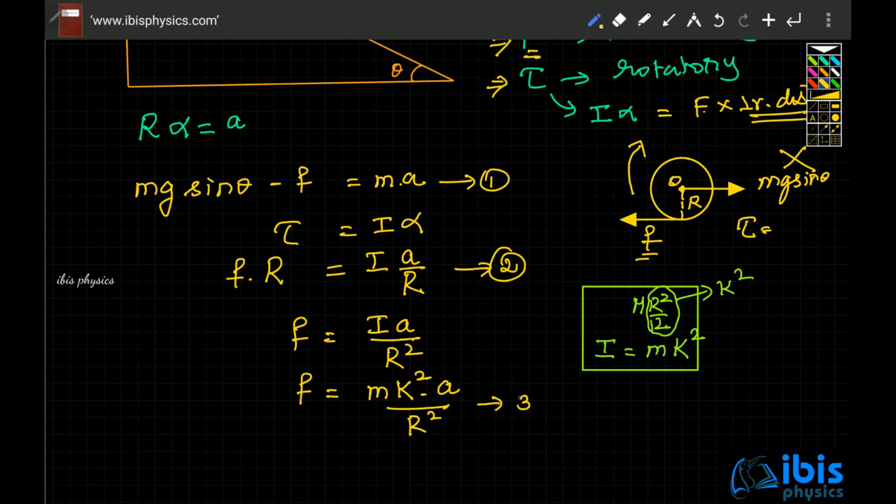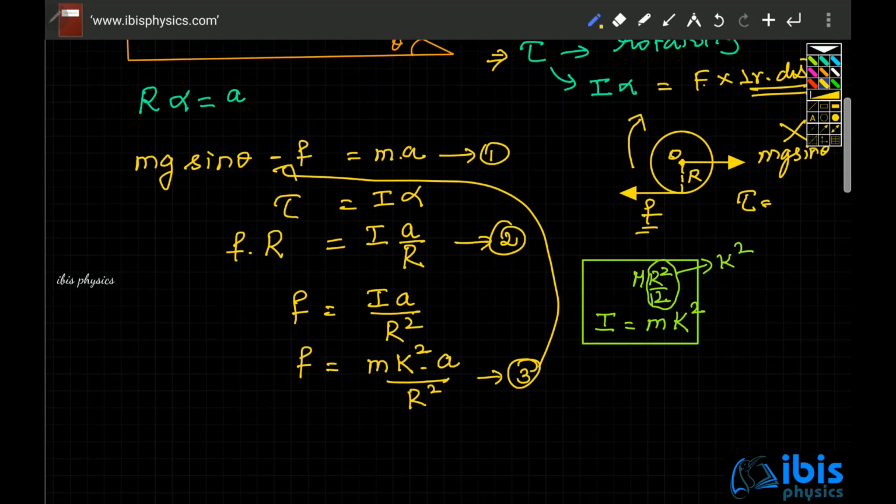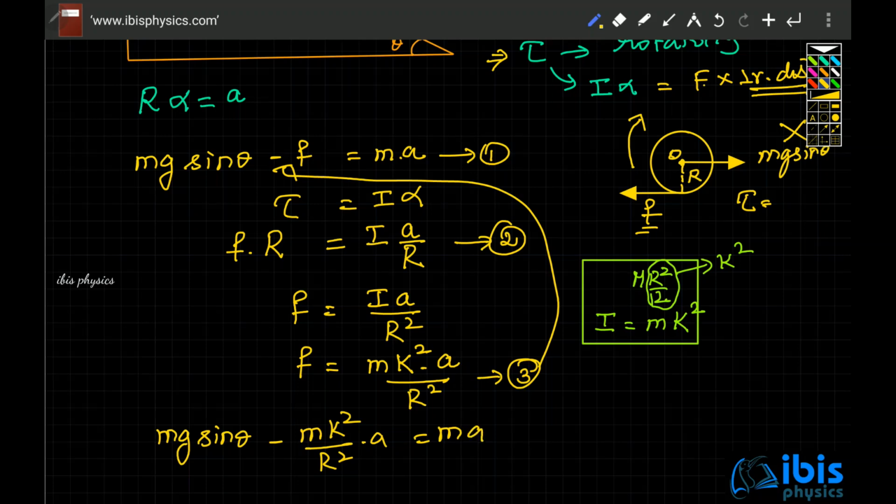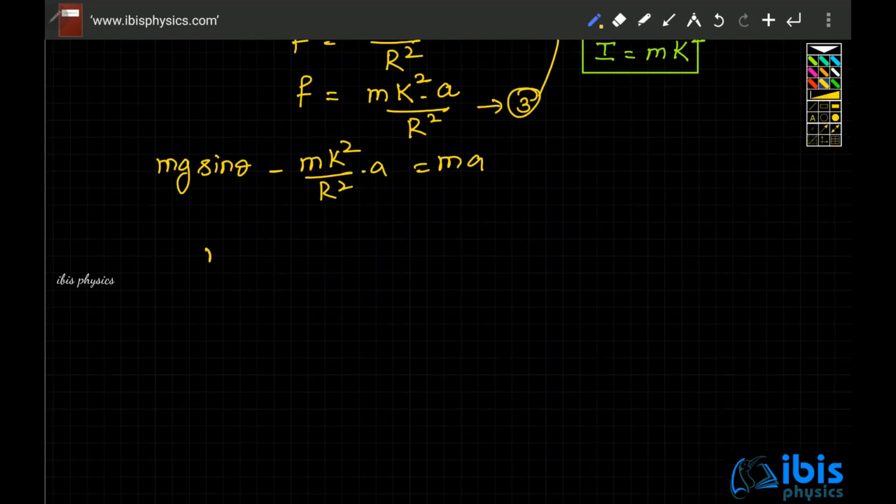Let's call this equation 3 and substitute equation 3 in the first equation. You know that mg sine theta minus m k square by r square into a equals ma. So now mg sine theta is equal to ma plus ma into k square by r square.